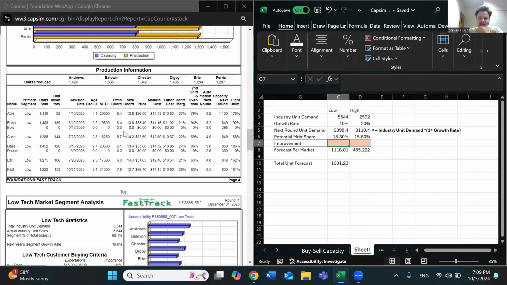Gosh, I'm sorry, you guys. Let me reset. It will shrink if there are more pies in the market, more products. It'll also shrink if your product is worse compared to other people's. It will grow if your product is better than other people's.